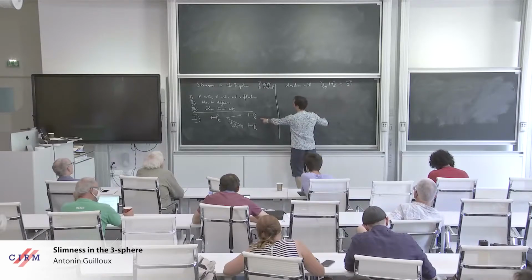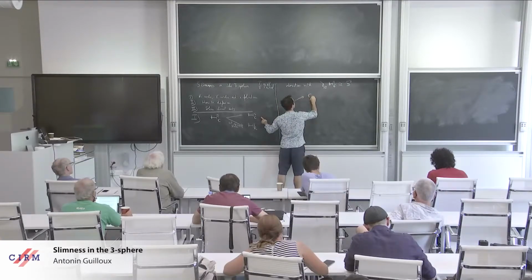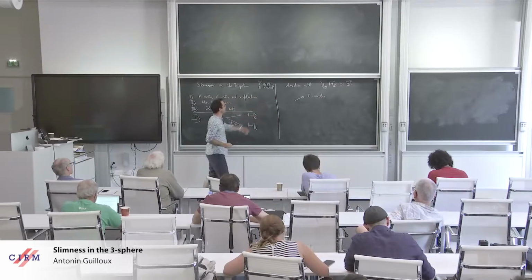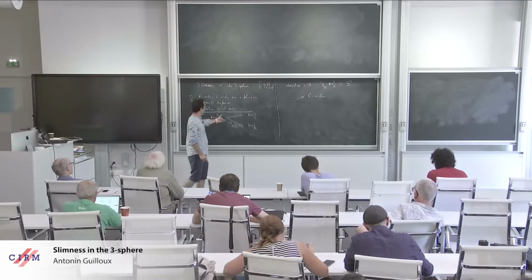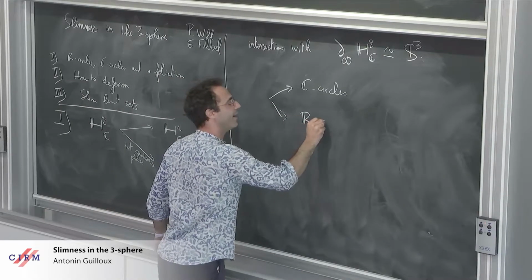So the intersection can be C circles, and I will redo the picture Anna did, and the counterpart are R circles.